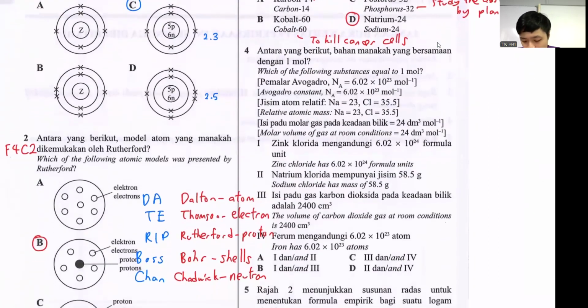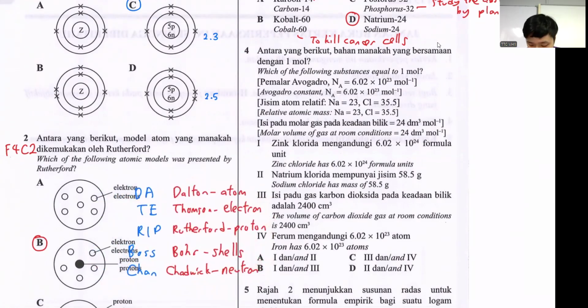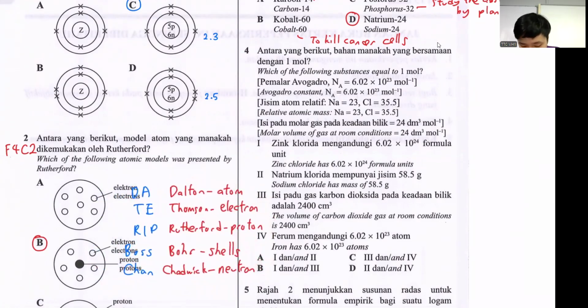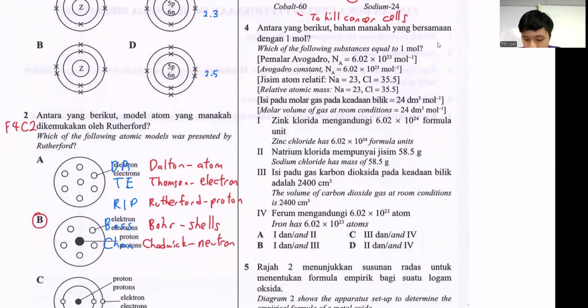Okay, question 4. Which of the following is the correct answer? Let's look at this. Zinc chloride has 6.02 times 10 to the power of 24 formula units. They ask which one equals 1 mole.